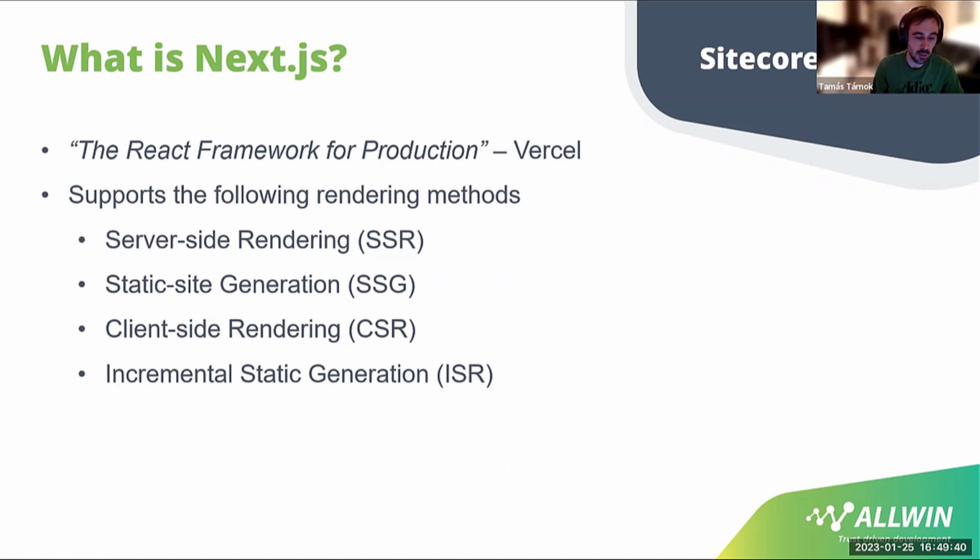And this is what React is for. And incremental static generation is actually really similar to static site generation. The difference here is that it's basically just incrementally generating the sites.